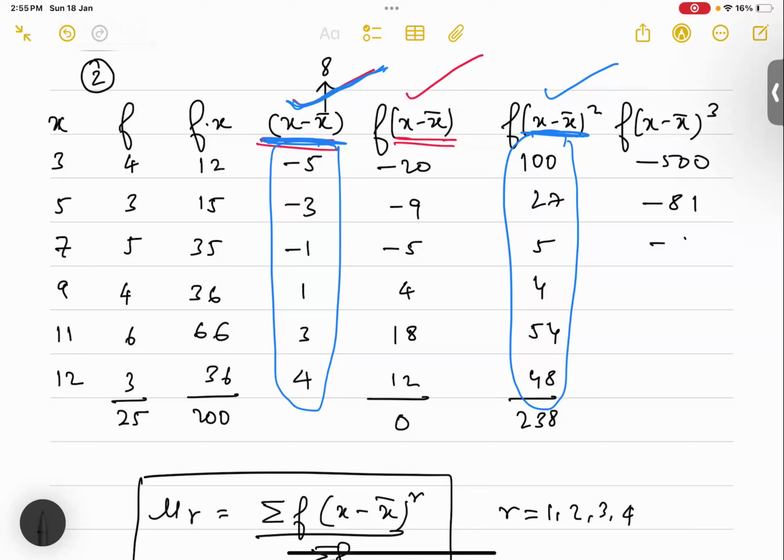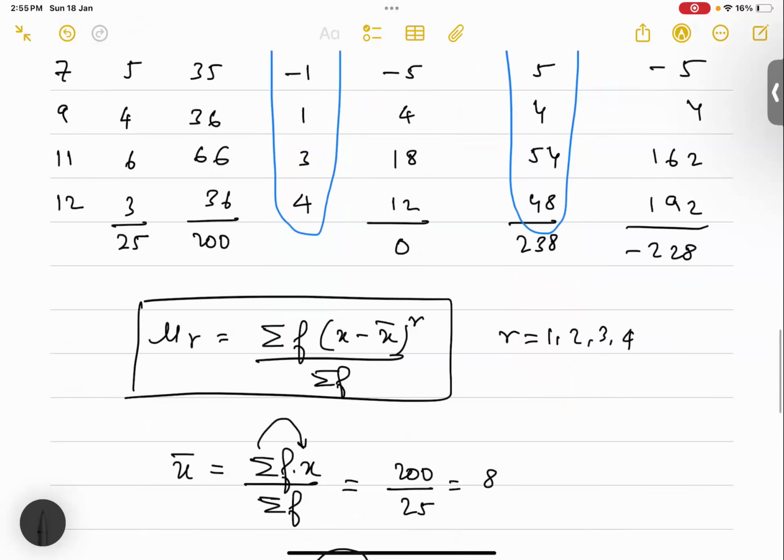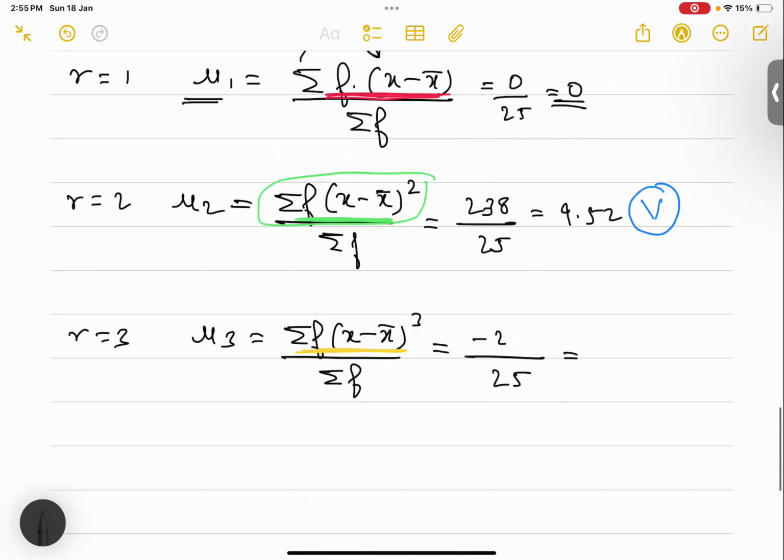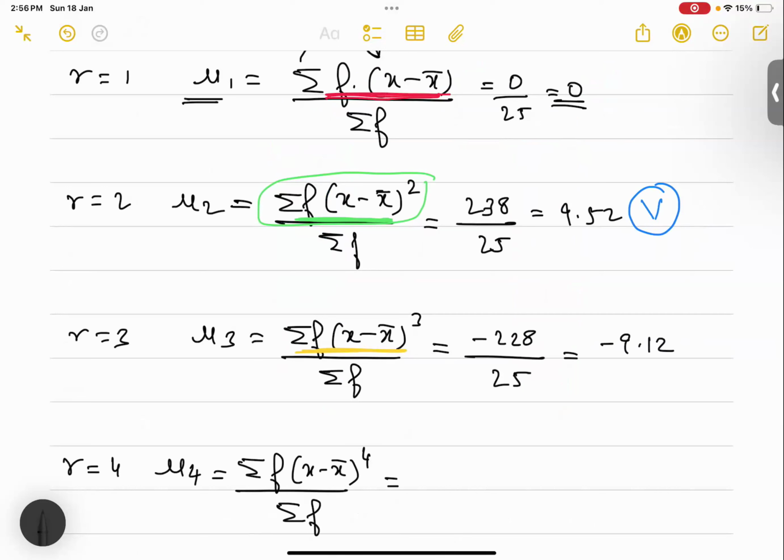Okay. And r is equal to 4: mu4 equals summation f(x minus x bar) raised to 4 upon summation f. That's why we had to start from the extreme left over here, otherwise the columns will not fit in. I am putting the value of r as 4 here.